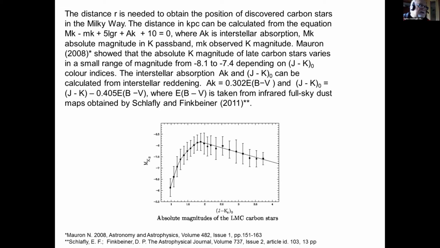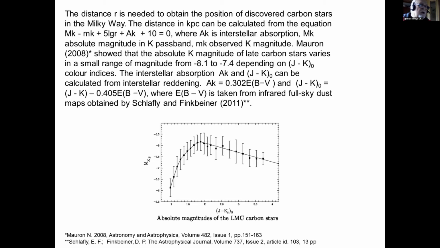The distance is a great enigma of these objects. Only for some brighter carbon stars is it possible to measure parallaxes.